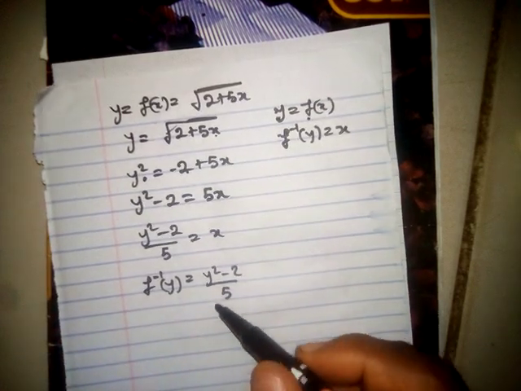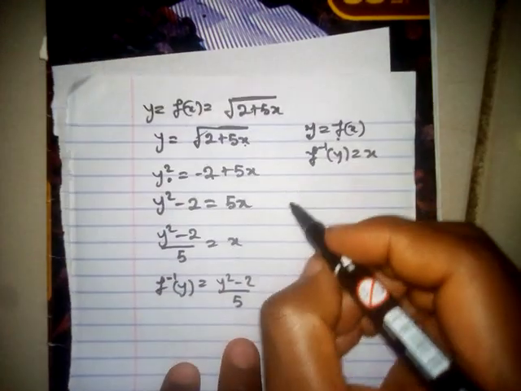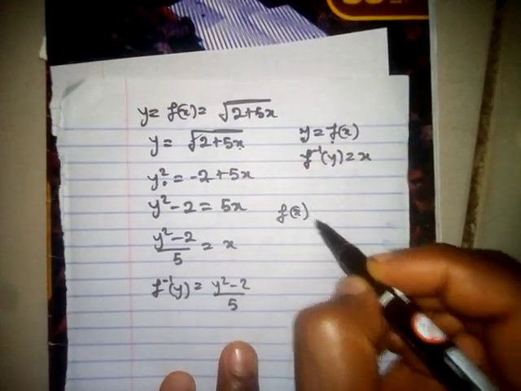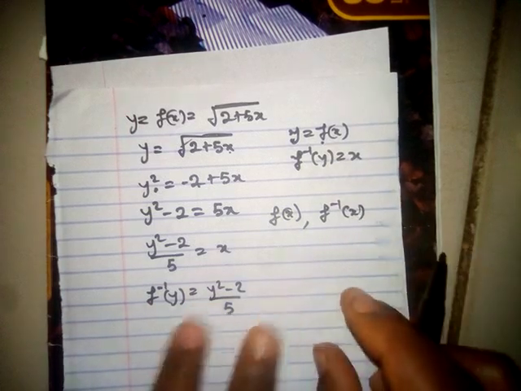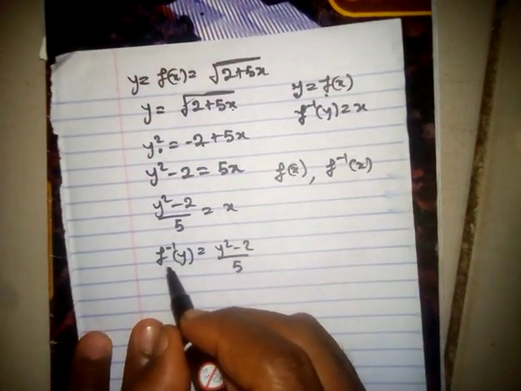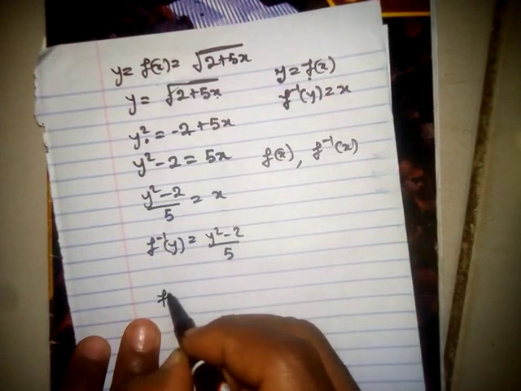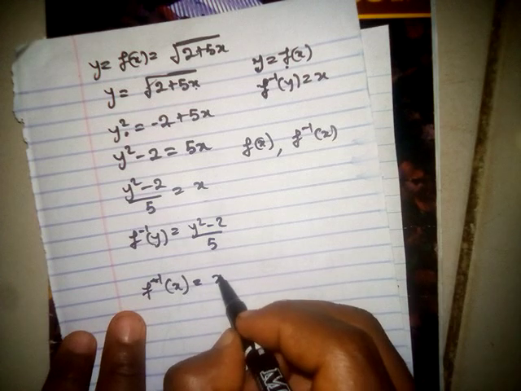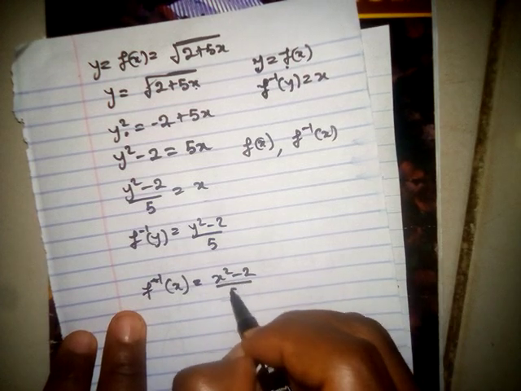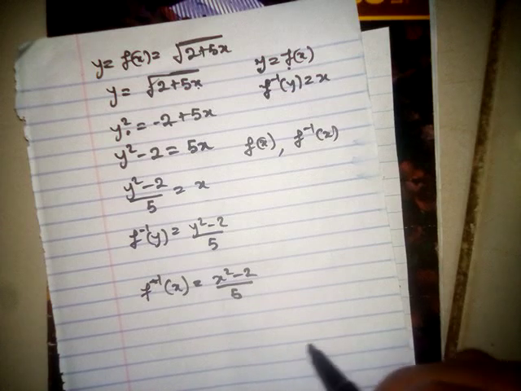Now since I have this as f inverse of y, remember the question given is f of x. So what I'm looking for now is f inverse of x. The last thing I'll do here is just anywhere I see y, I put x. So I have f inverse of x is equal to x squared minus 2 over 5. So that is it for the second question.